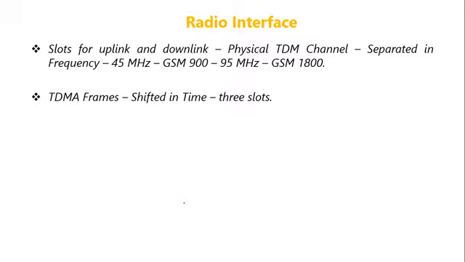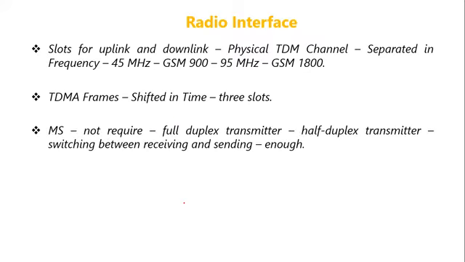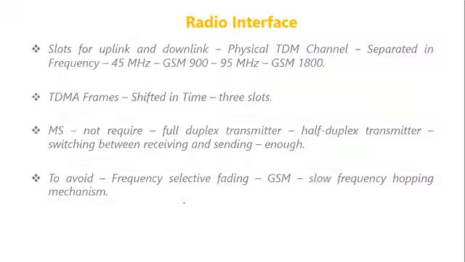On the other hand, TDMA frames are shifted in time by 3 slots. That is, if the BTS sends data at time 0 in slot 1 on the downlink, the mobile station accesses slot 1 on the uplink at time t plus 3 slots, 3.577 microseconds. Okay.